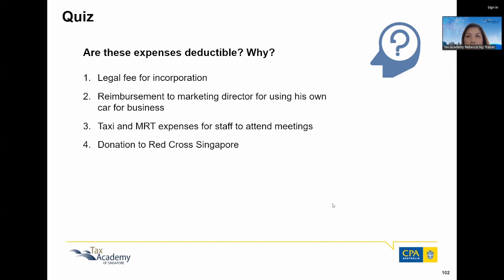Then we will look at whether the charity or the fund you are donating to is an approved institution of a public character. Then it will have 2.5 times allowable expenses on the amount that you have incurred. So for the purpose of this question, it is not deductible under section 14(1).